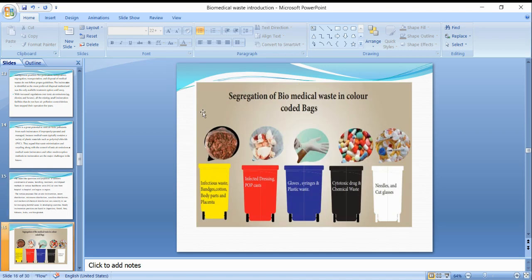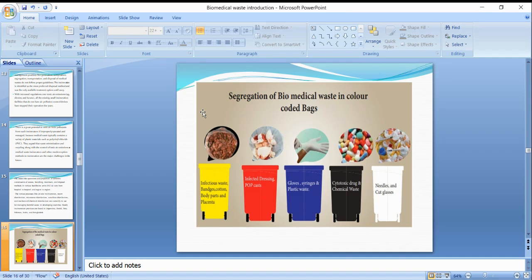Before going to disposal or transportation, we have to use different colored dustbins. Here we can see the yellow one, which collects all the bandages, cotton, and body parts.